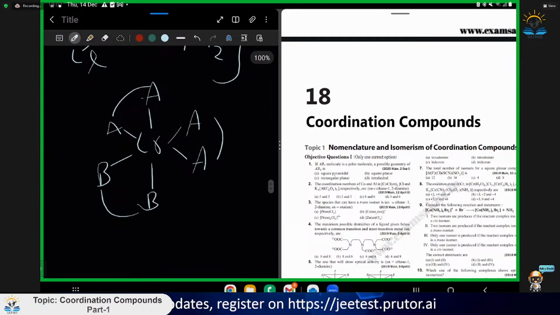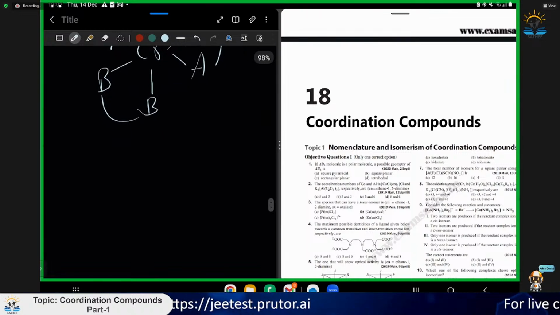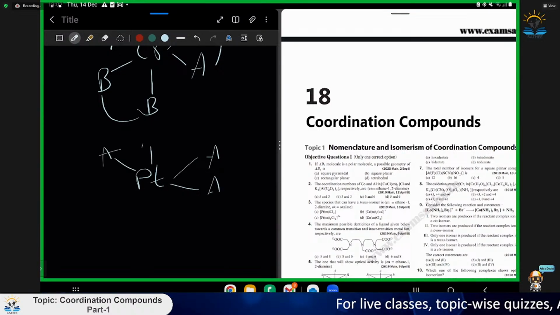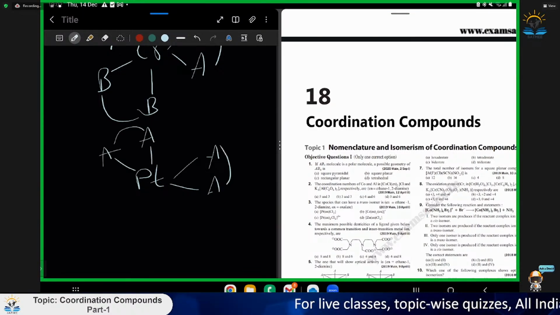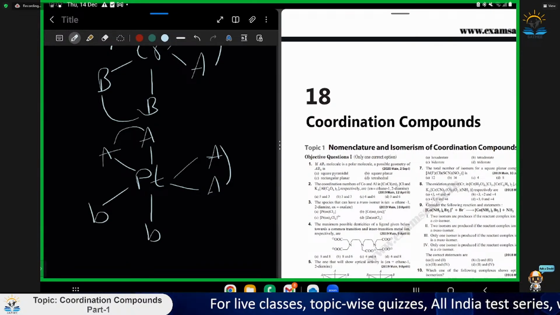If you place it opposite, BB comes at 180 degrees and you can't have that. In the third option it is platinum with A, A, A, A and some B, B.